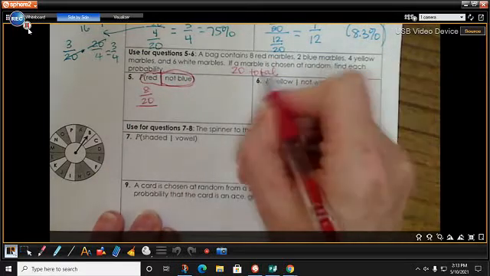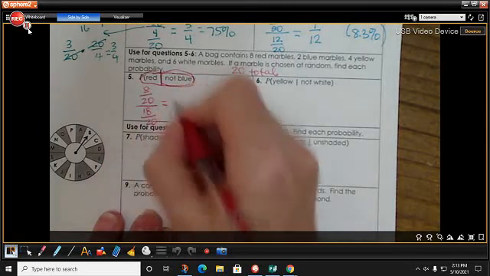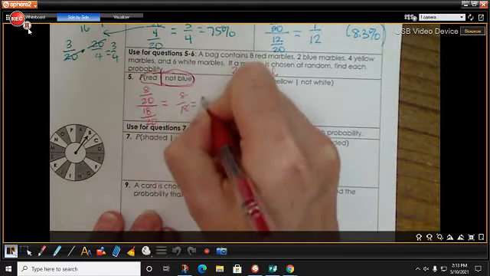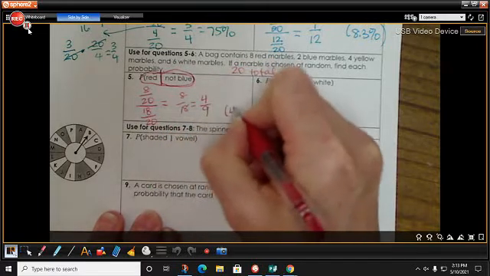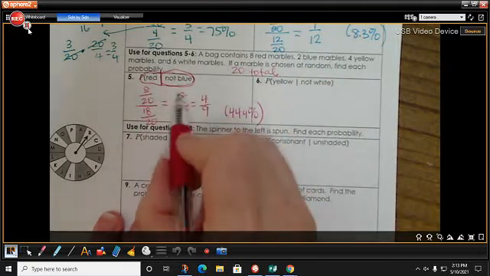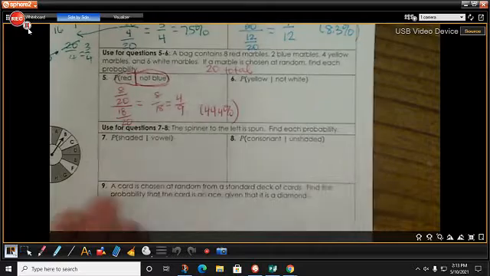And, well, since there's 2 out of the 20 that are blue, there will be 18 out of the 20 that are not blue. And when I simplify this out, I end up with an 8 out of 18, which is 4/9, or about a 44.4% chance of getting a red, given that I did not get a blue when I draw out of the bag.